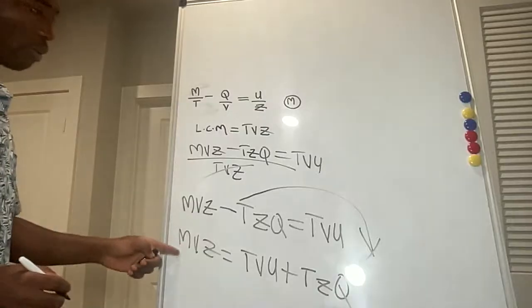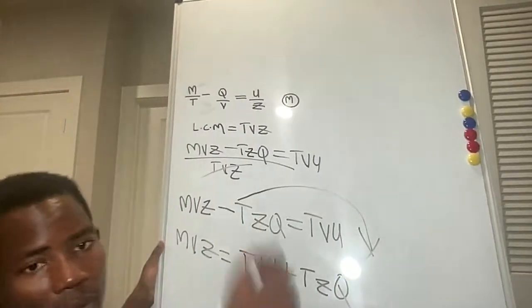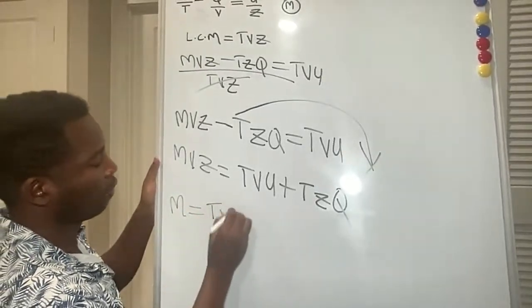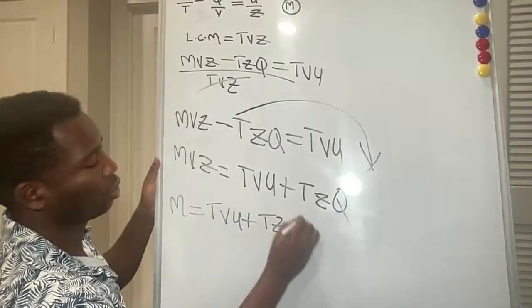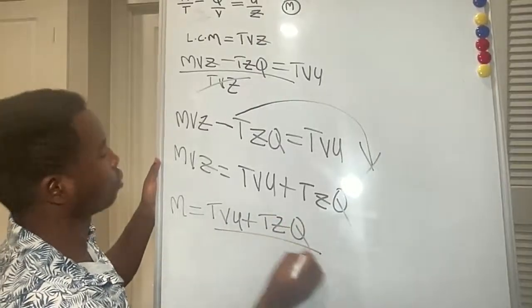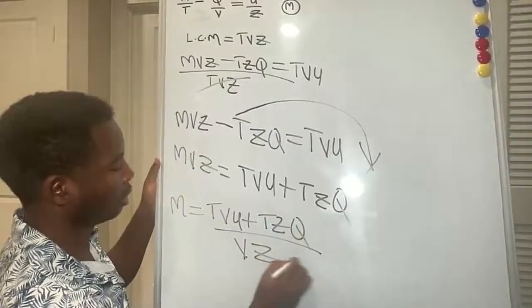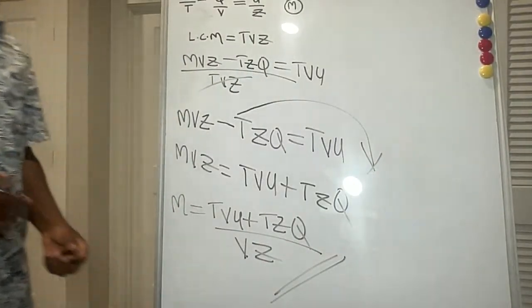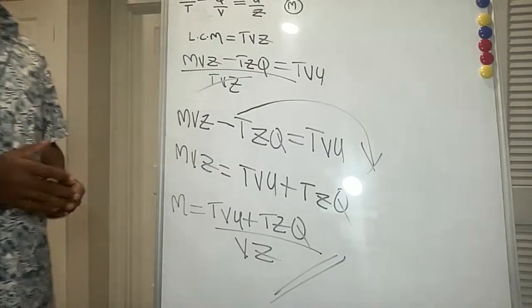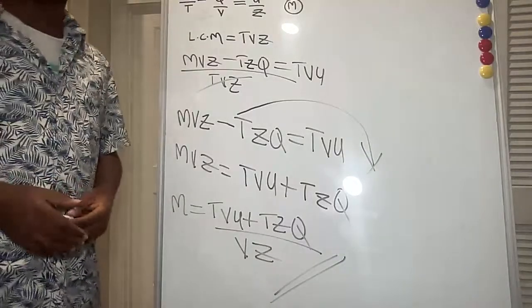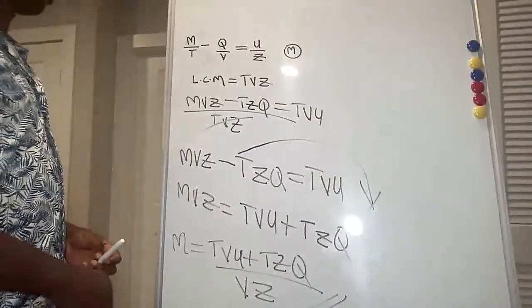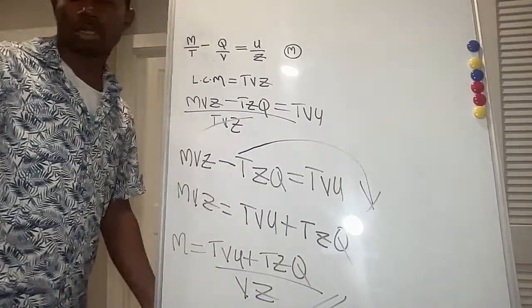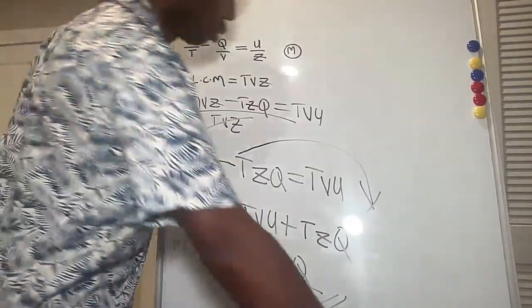We are making M subject of the formula, so M is equal to TVU plus TZQ over VZ. This is how to make M subject of this equation.